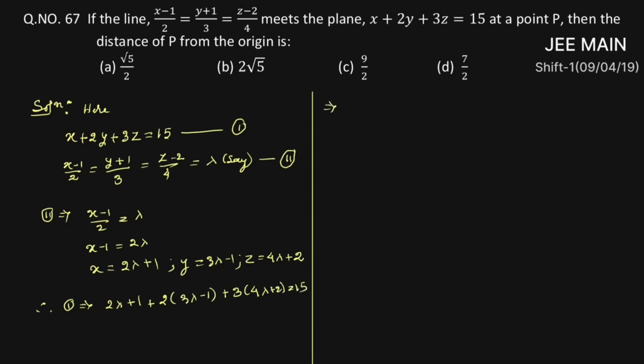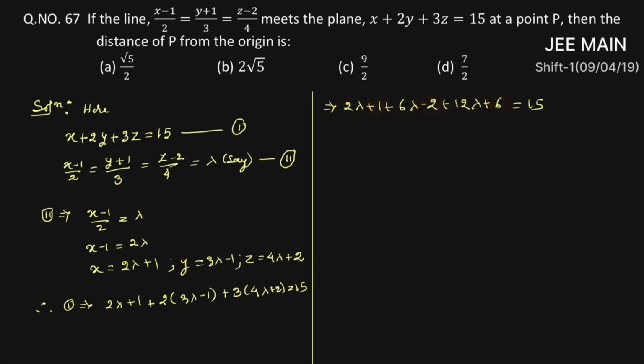This implies that we will get 2 lambda plus 1 plus 6 lambda minus 2 plus 12 lambda plus 6 equal to 15. Now 2 lambda plus 6 lambda is 8 lambda, plus 12 lambda is 20 lambda, and 6 plus 1 is 7, minus 2 is 5.